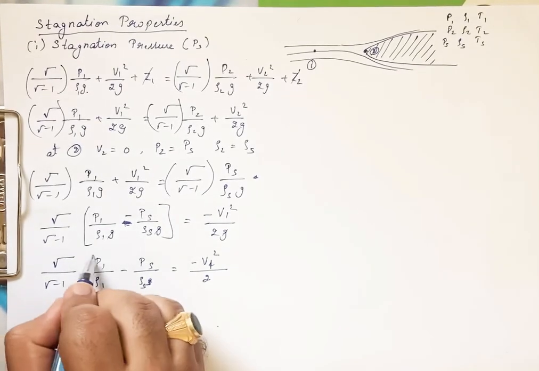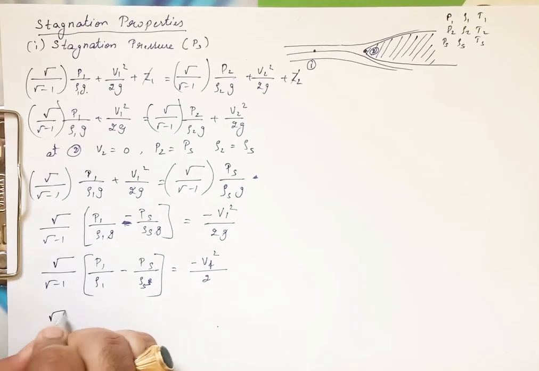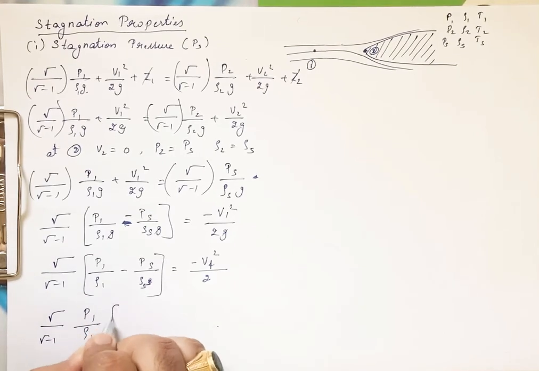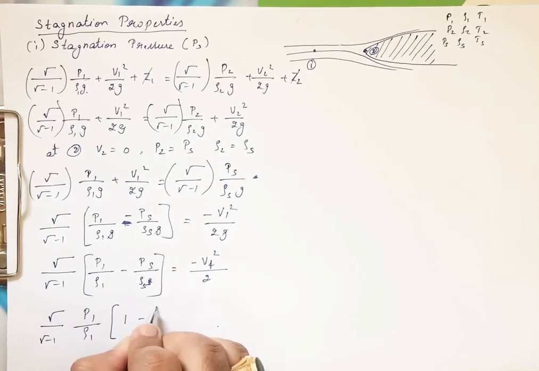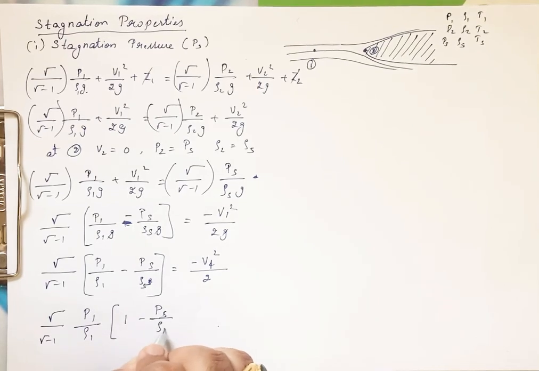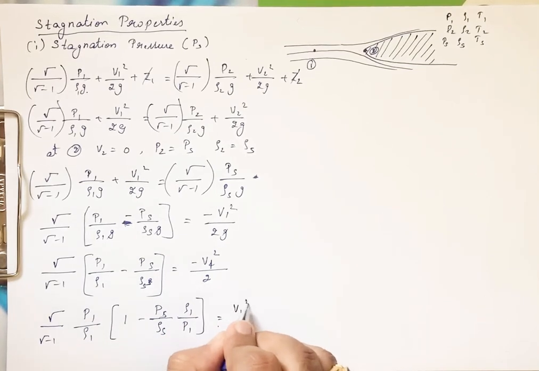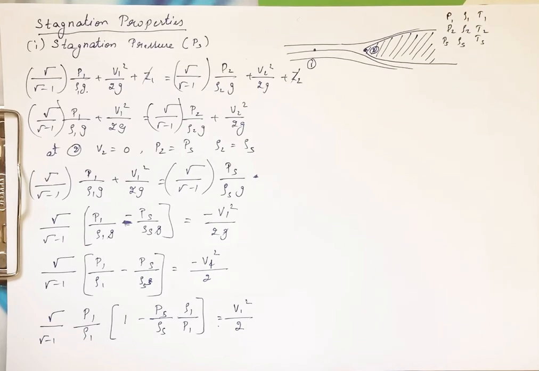Now in this term, I'll take out gamma divided by gamma minus 1 and P1 by rho 1. The remaining will be 1 minus Ps divided by rho s into rho 1 divided by P1, which is equal to V1 square by 2. I'll call this equation number 1.